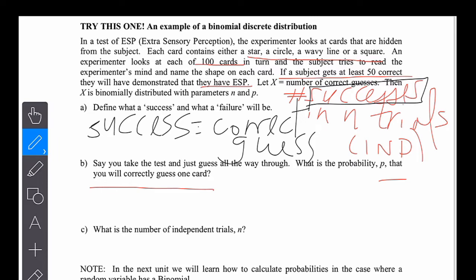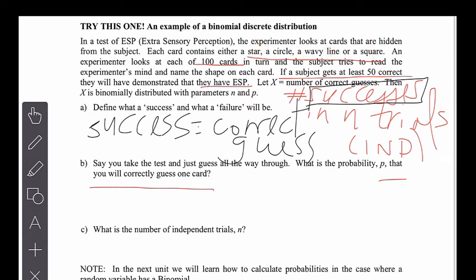I didn't say this is p, but I gave you some information, and from there you can gather there's 4 possibilities. Since the person's just guessing, because we don't know they have ESP yet, we assume that they don't, or we don't know, but we have to proceed imagining that they just guess. So they guess. There's 4 possibilities.